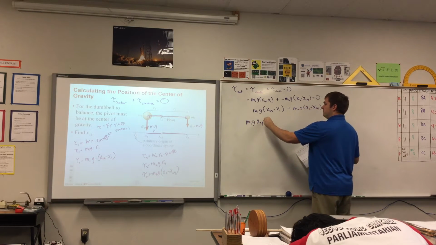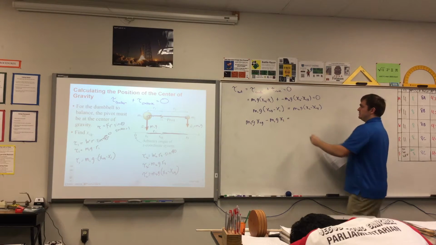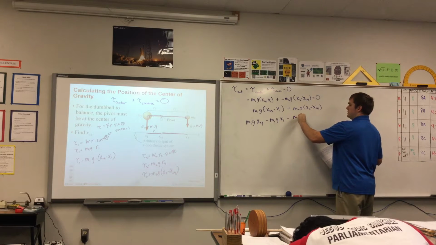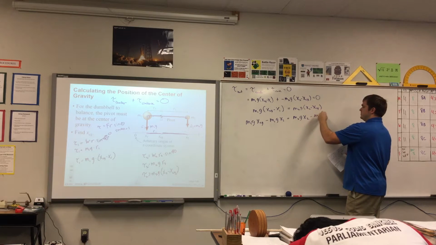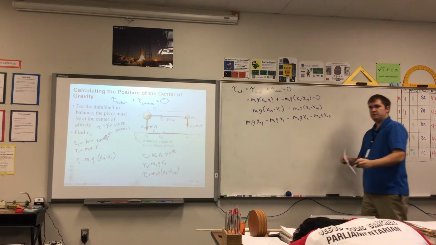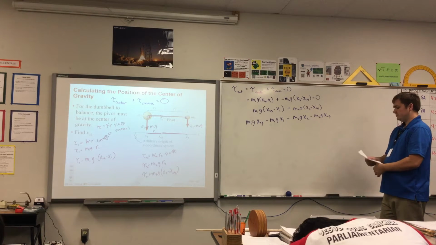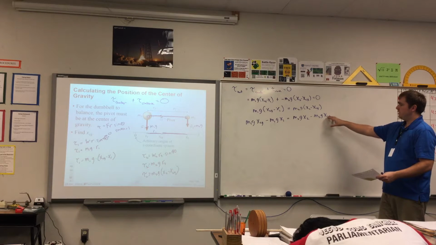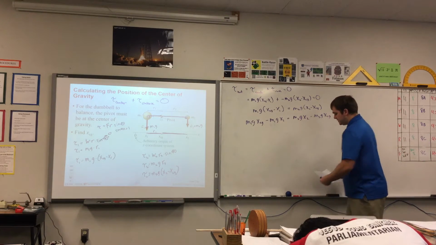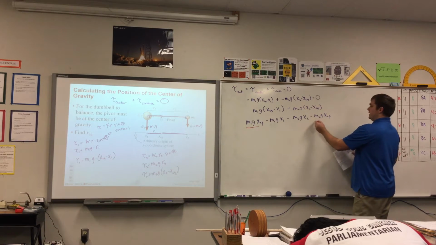M1G XCG minus M1G X1 equals M2G X2 minus M2G XCG. I want to get all my XCG terms over on the left-hand side. So this one and this one.